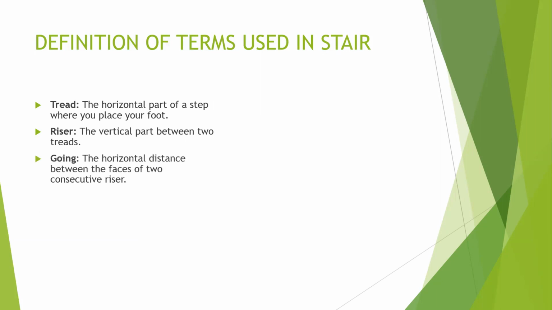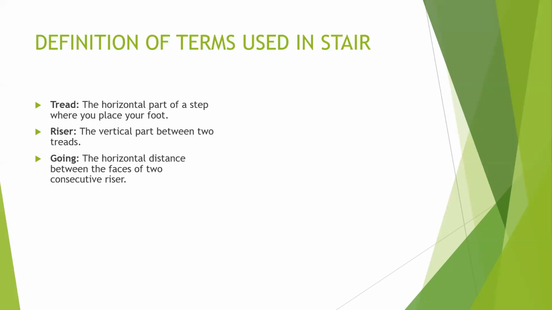Okay. So there is something called going. A lot of people mistake the going for the tread. However, the going is more of a measurement. The going is the horizontal distance between the faces of two consecutive risers.